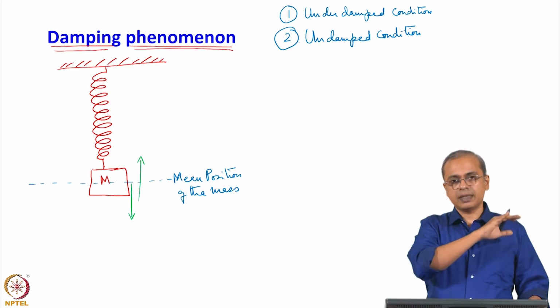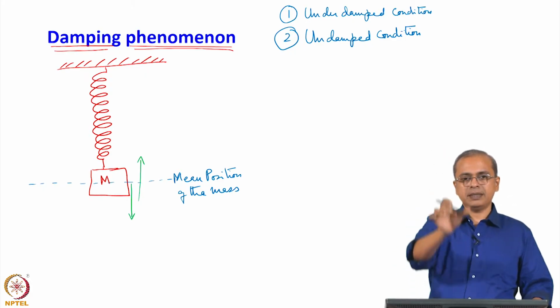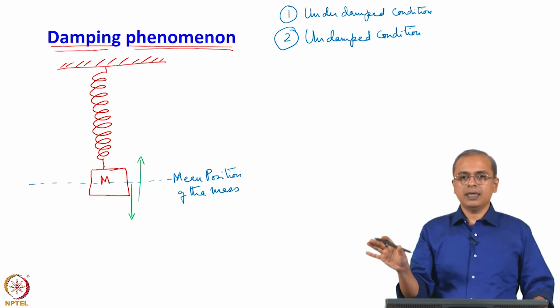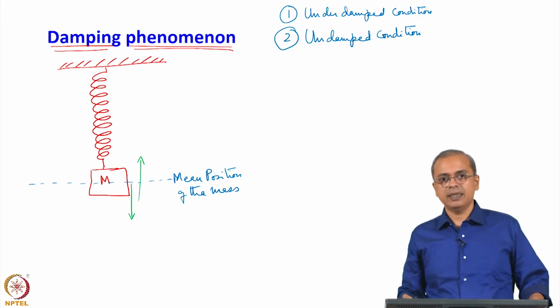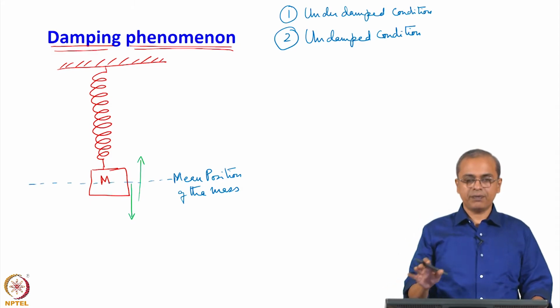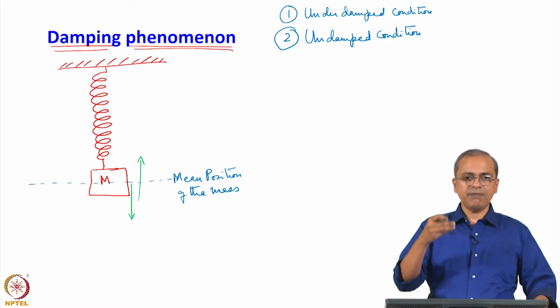It just continues to do this overshooting and expansion and compression of the spring indefinitely, permanently. Okay, so that is called an undamped condition. In our real life, this is unlikely for us to ever see, because in real life there is friction.